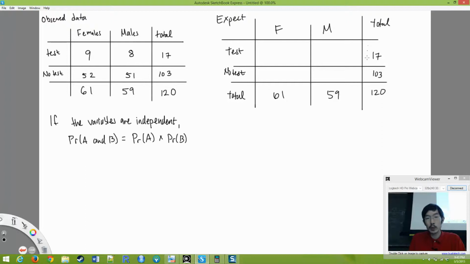So let's look at this first cell here. Females who have taken the test. If we just look at the total columns over here for our observed data, what is the probability that we randomly select a female? It would be 17 out of 120.